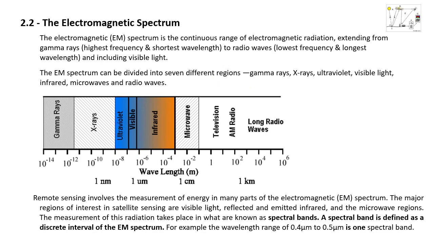So if you see here, as I was saying, electromagnetic radiation, and if we say electromagnetic spectrum, first of all, it's a continuous range of electromagnetic radiation.